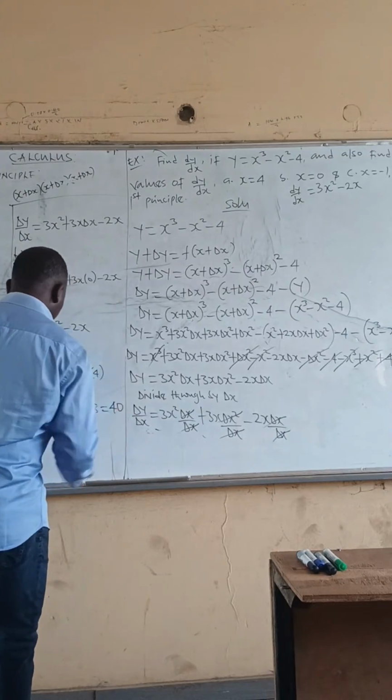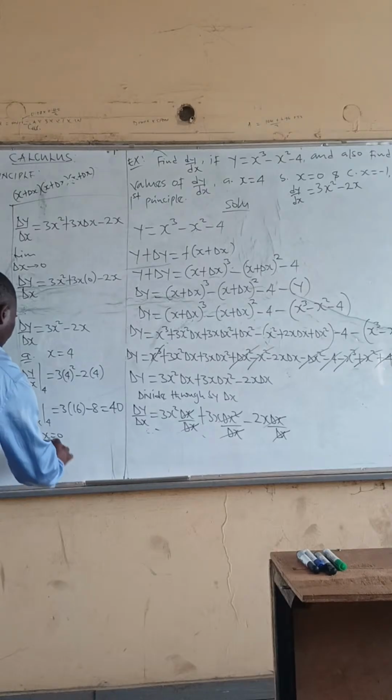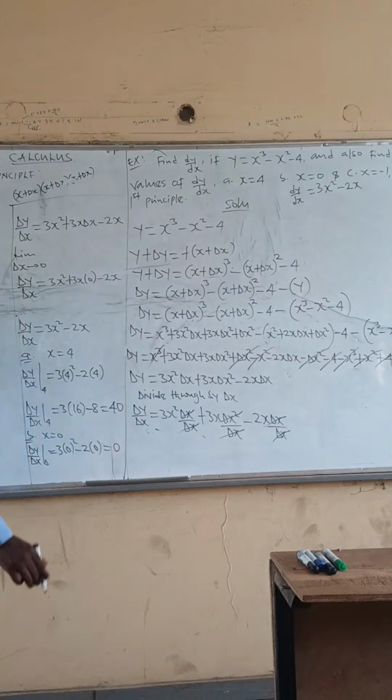The same thing applies at B, right? X equals to 0. It means our dy all over dx at 0 equals to 3 open bracket 0 squared minus 2, 1 is 0. You can now see that I don't need a prophet to tell you this is 0. True or false? True. Amen.